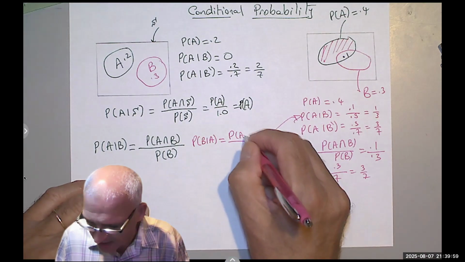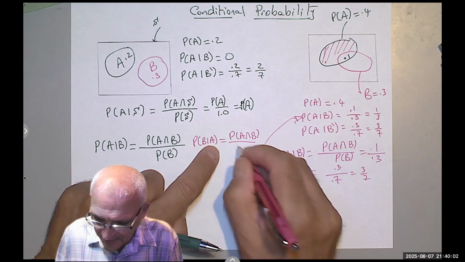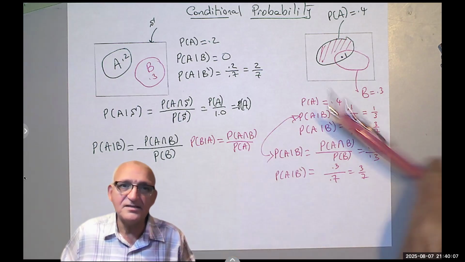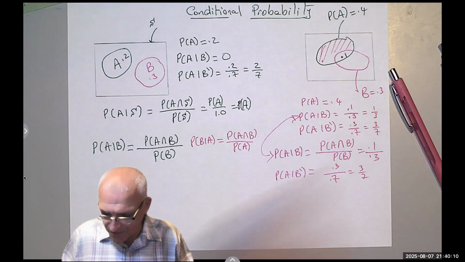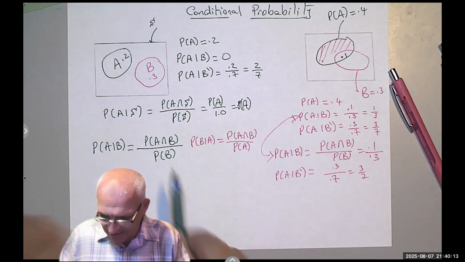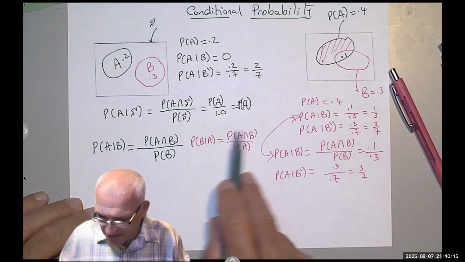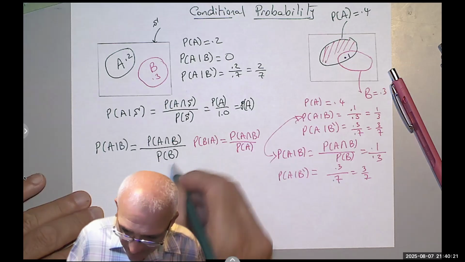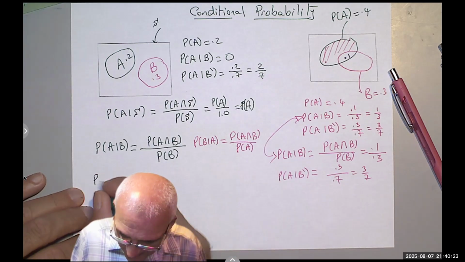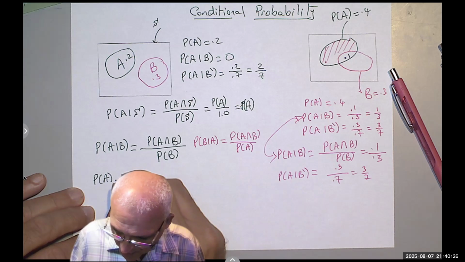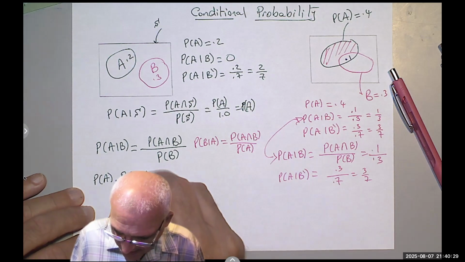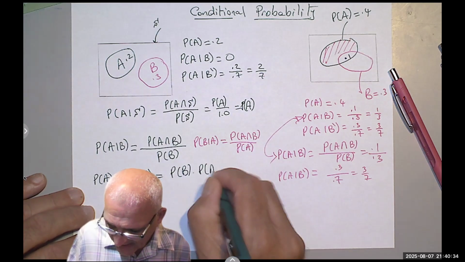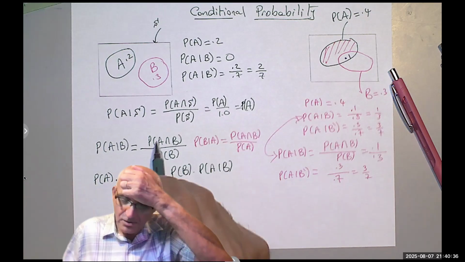But now I divide by the probability of what's after the line, or the pipe, which you place in the denominator. You would say, wait, I can represent the probability of A and B in two different ways? Yeah. Which means if I cross multiply, the probability of A times the probability of B given A is the same as the probability of B times the probability of A given B. Both of them would be the probability of A and B.